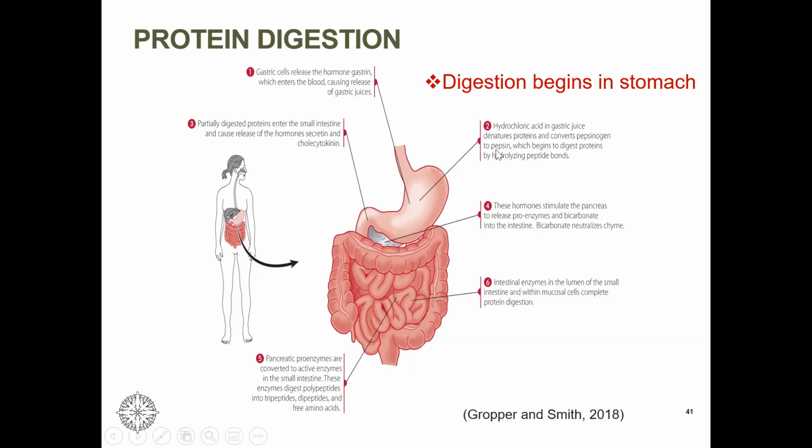Okay, so that's a very important step. Sometimes you may have people who will complain that after consuming a protein-rich diet, which could be meat, or after consuming lentils, they are having flatulence or undigested stools. One of the reasons could be that they have low hydrochloric acid, whereas there could be other reasons as well.